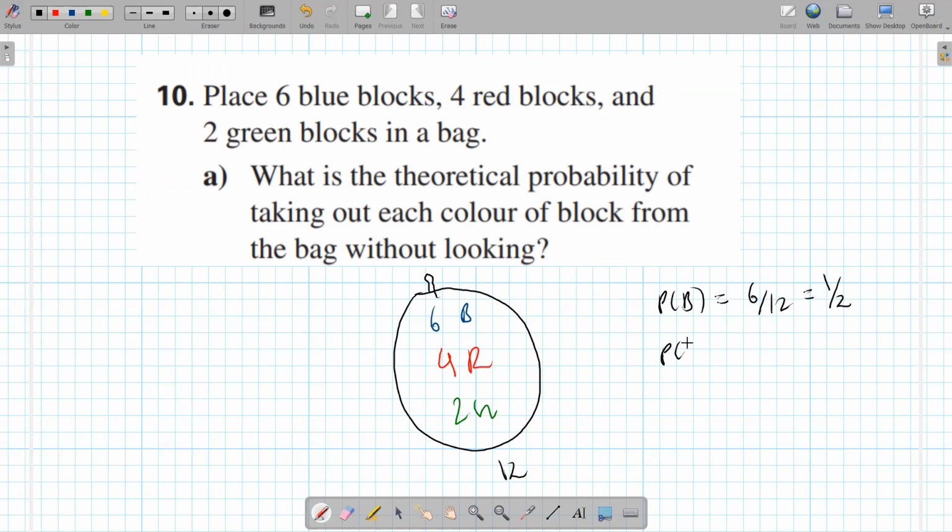What's the probability you pluck out a red block? 4 out of 12. What does that reduce to? 2/6. Once more.